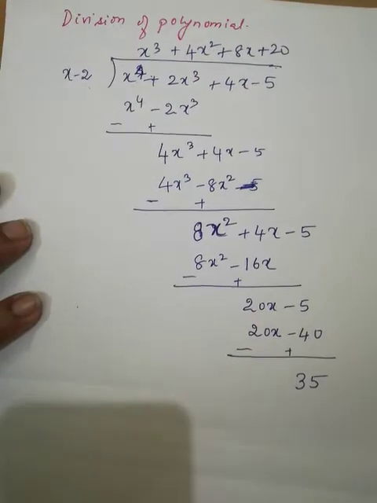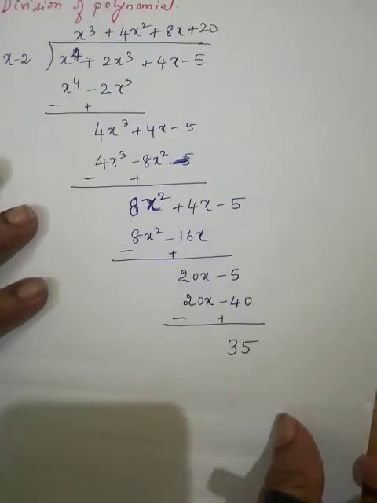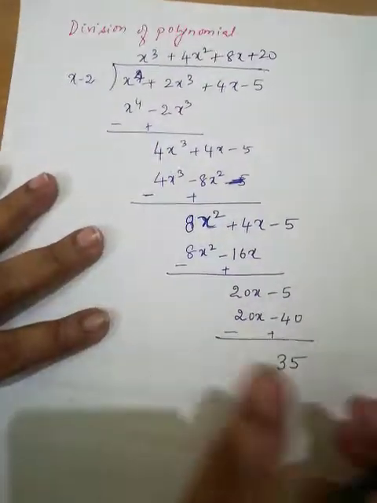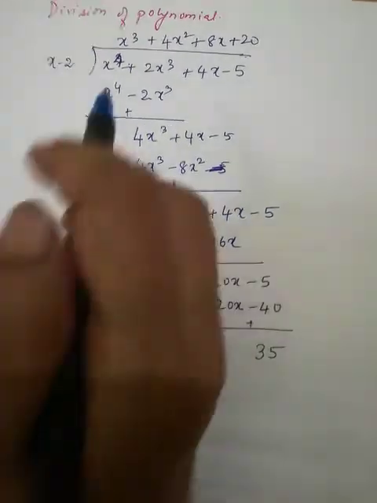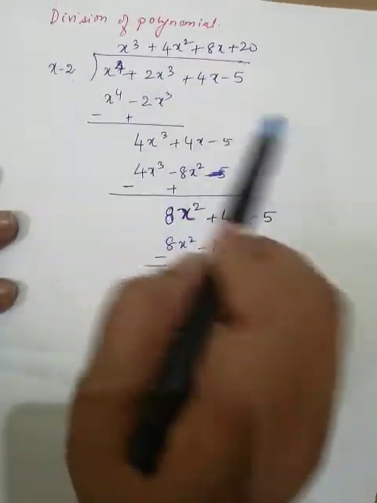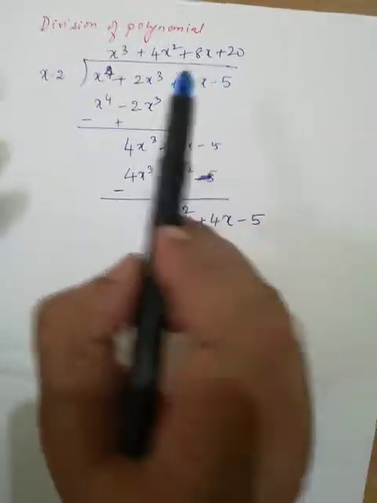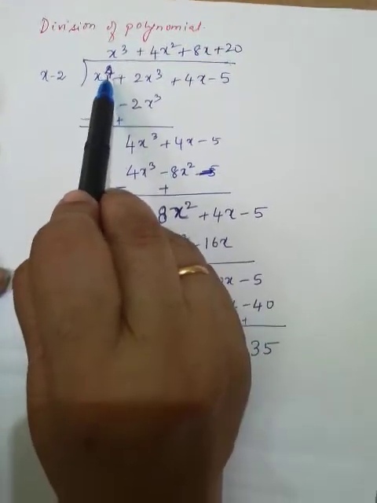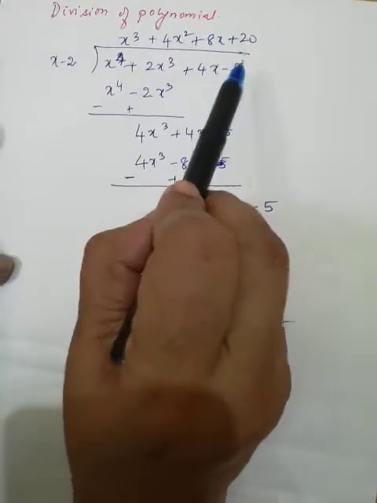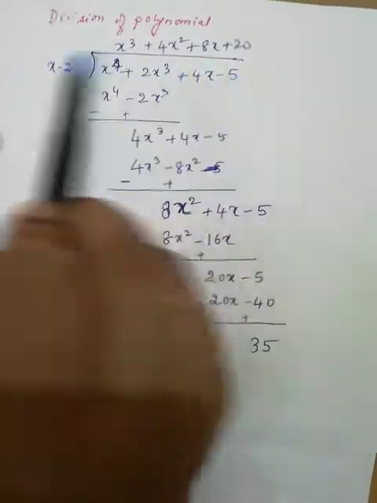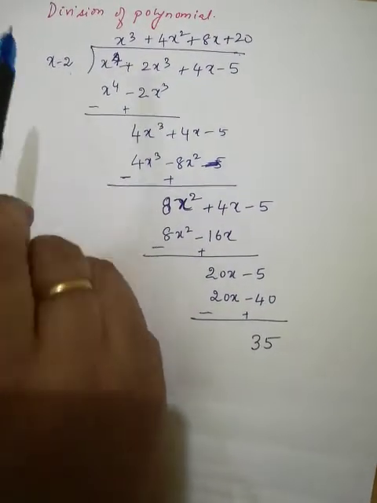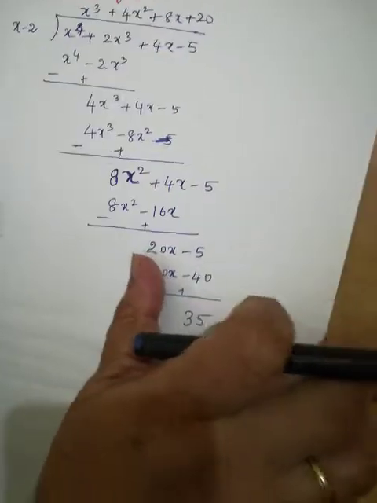So what we do? We first write the terms in such a way that the exponents are in the descending order. Here I am taking exponents 4, 3, 1, 0. Similarly, here also the exponent has to be kept in the descending order.